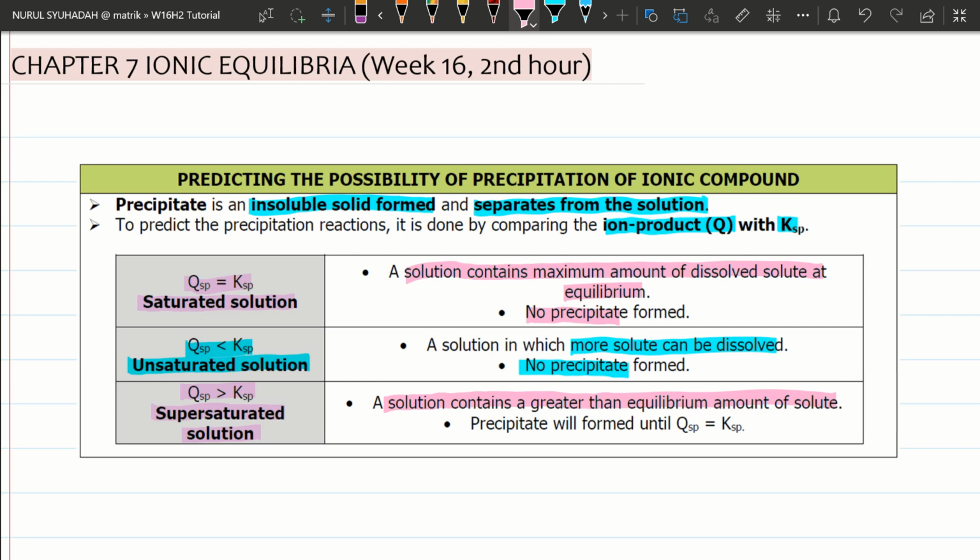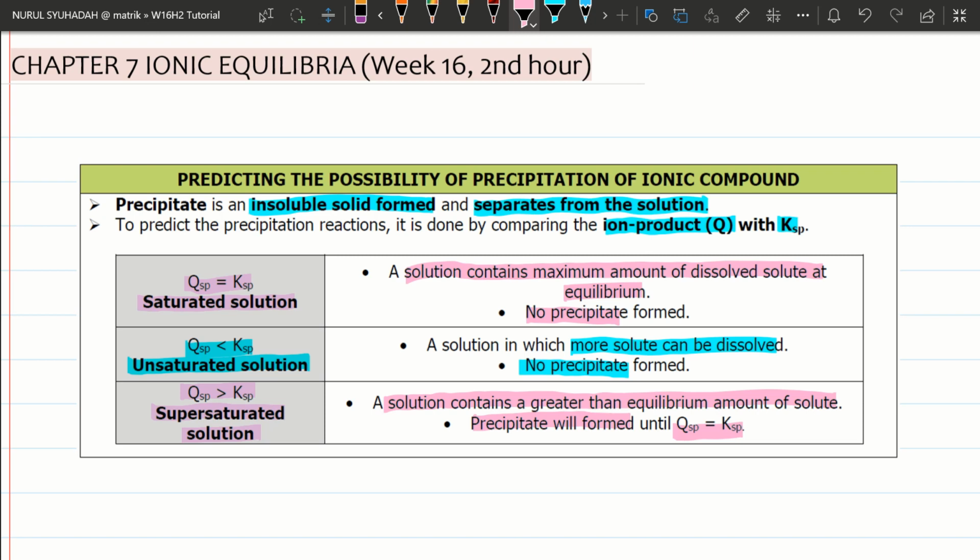Okay, so pada masa ini, precipitate akan terhasil. Berapa banyak precipitate yang akan terhasil? Okay, jadi everything since it's an equilibrium system, so precipitate tu akan terhasil sampai dicapai equilibrium. Capai equilibrium macam mana? When Q equals to K.